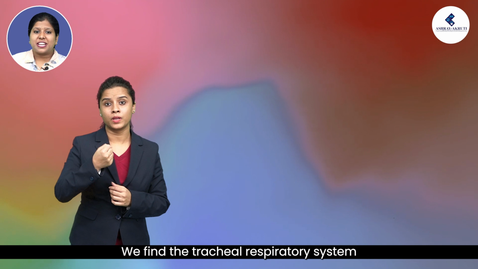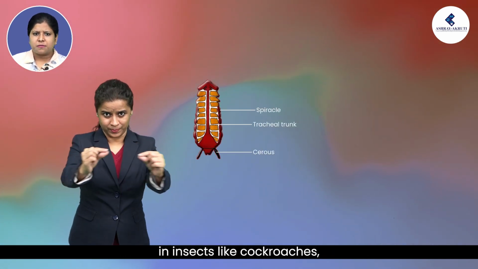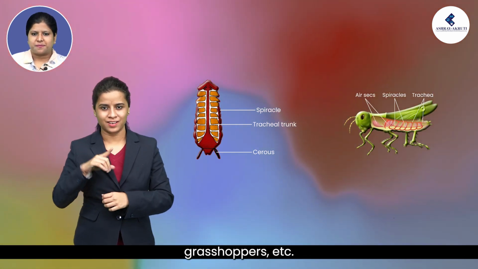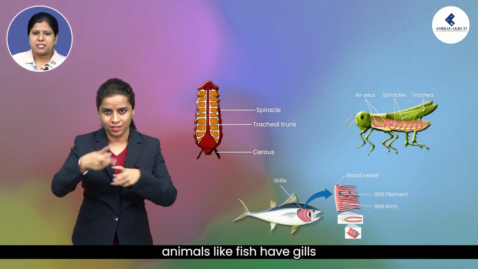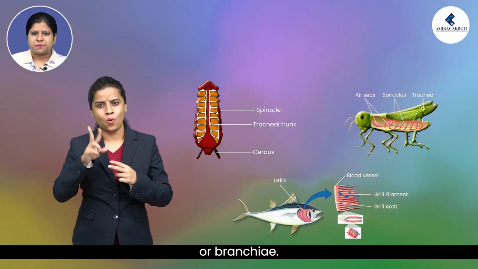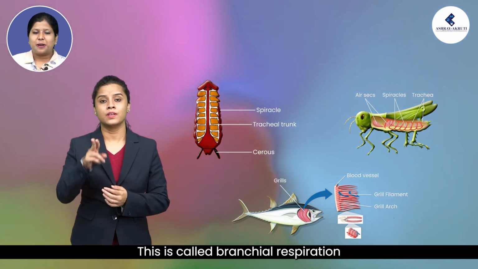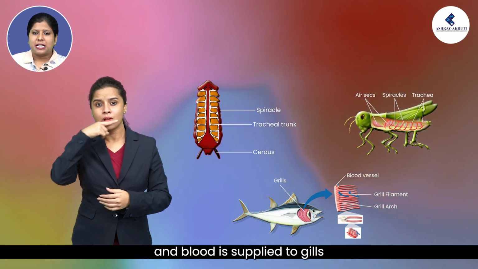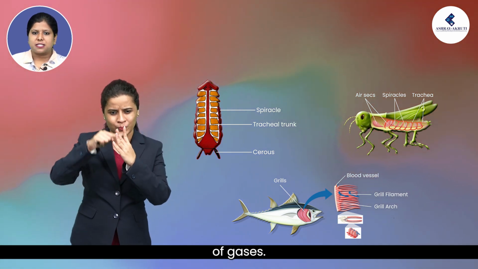We find the tracheal respiratory system in insects like cockroaches, grasshoppers, etc. Some aquatic animals like fish have gills or branchia. This is called branchial respiration, and blood is supplied to gills through capillaries for exchange of gases.